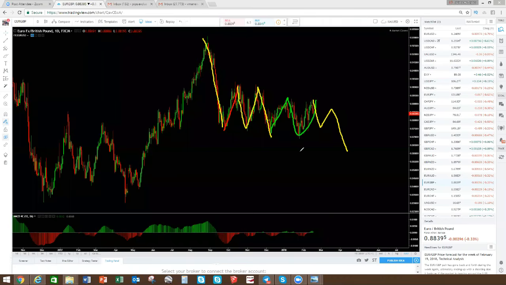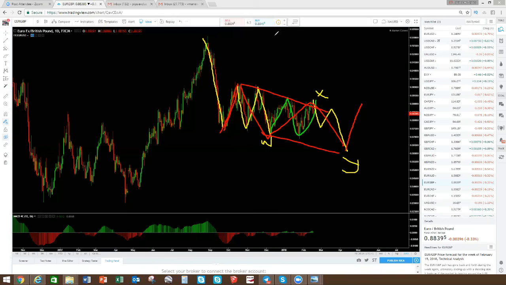What have I just done here? I've got an impulse, I've got 1, got 2, I'm anticipating another second correction. So this will be WXY, which is 3 waves before I get this red move up. So this red, 1, 2, 3, I get that red move up.